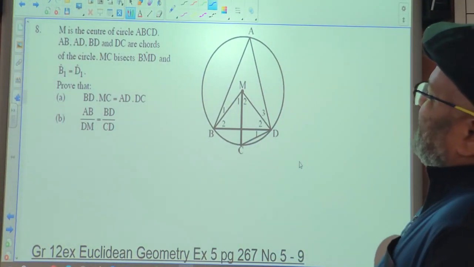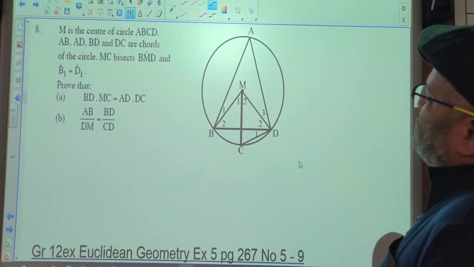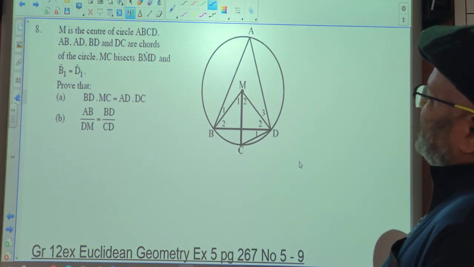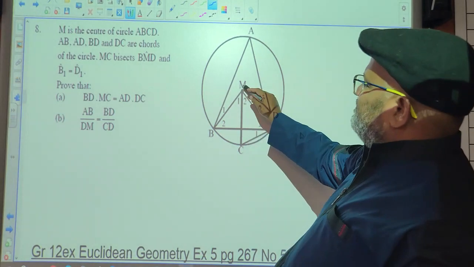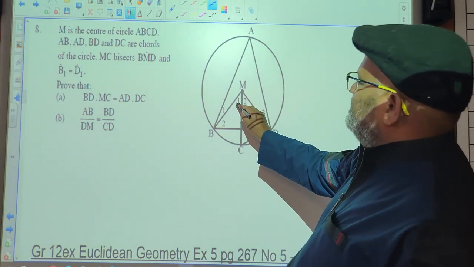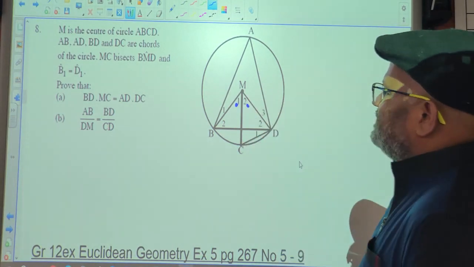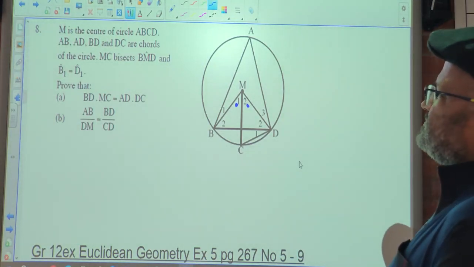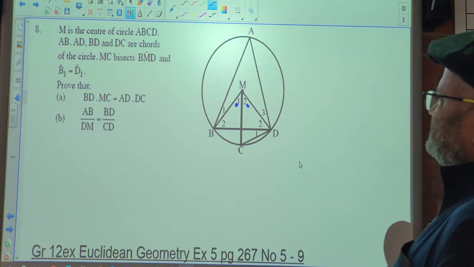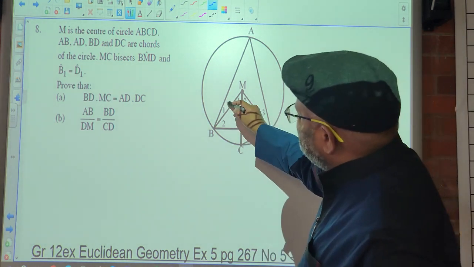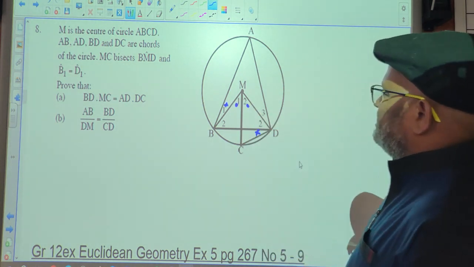Then we are told that AB, AD, BD, and DC are chords of the circle. MC bisects angle M. What does that mean? M1 is equal to M2. And B1 is equal to D1.